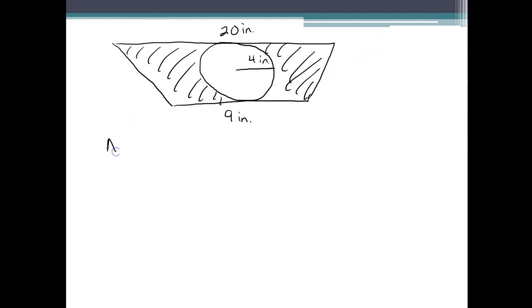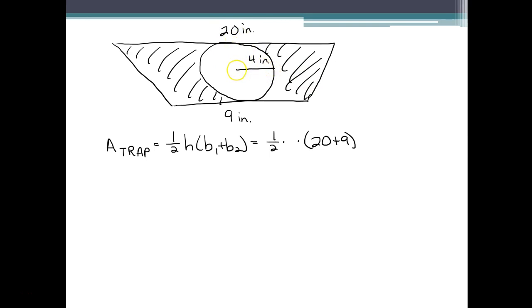Okay, so area of a trapezoid here, half height times the sum of the bases. The bases are 20 plus 9. The height, they don't directly say what the height is on the trapezoid, but they tell us the radius of this circle.